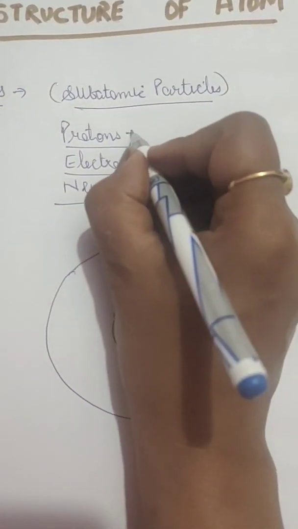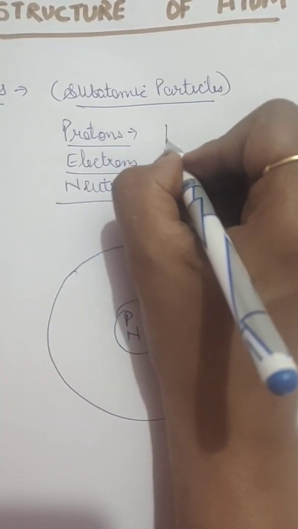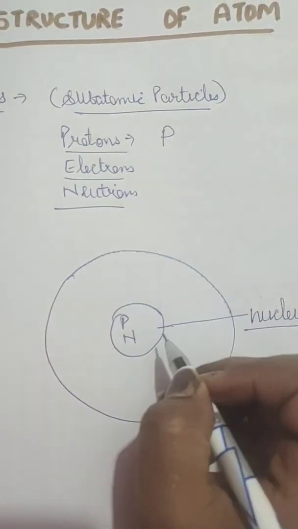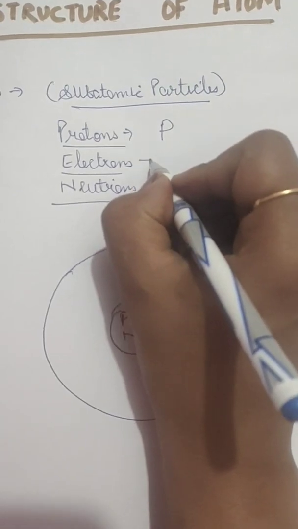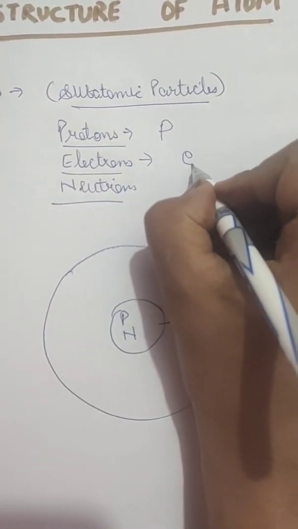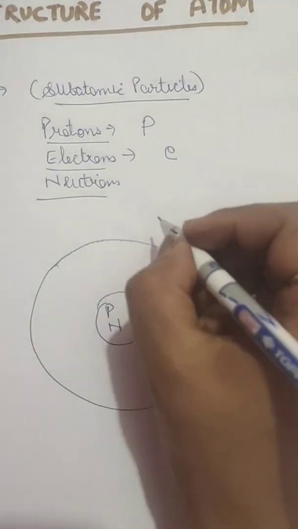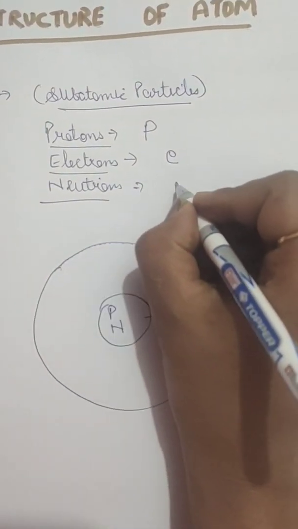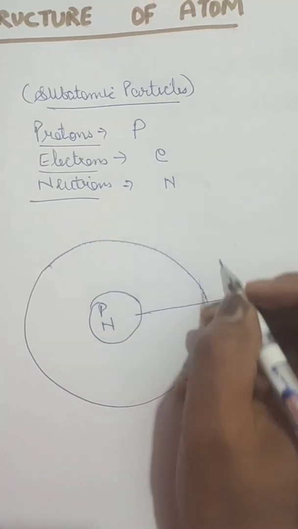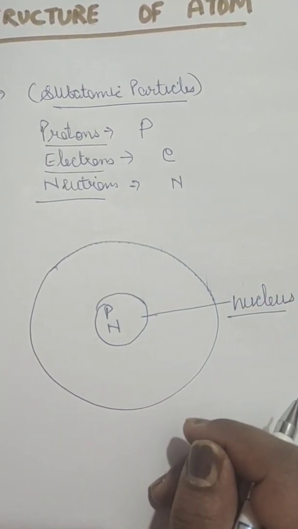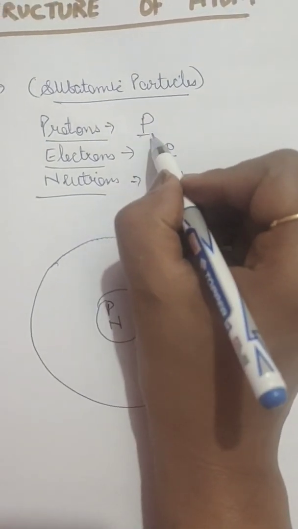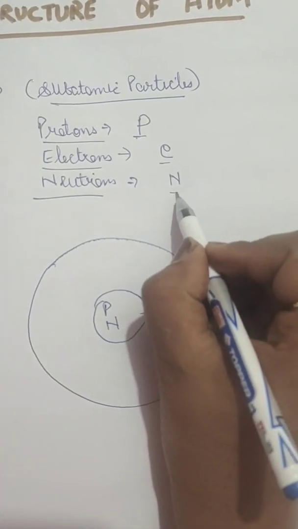This proton is symbolized by P, and this electron is symbolized by small e, and the neutron is symbolized by N. So P for proton, e for electron and N for neutron.